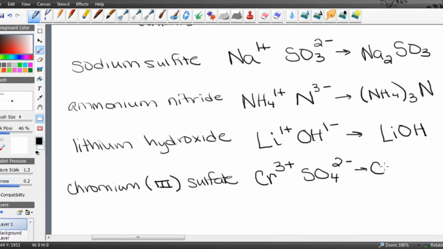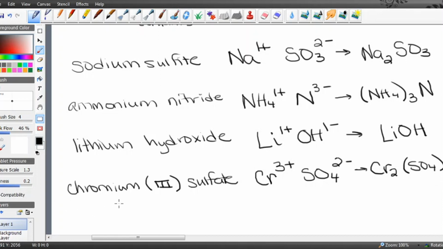To get there, I'm going to need 2 of my chromiums and 3 of my sulfates. Notice how we never mess with the subscript within the polyatomic ion itself. You're never going to change that subscript. That is like a little unit that you can't mess with, and it has a 2- charge. So to get to a 6- overall, I have to put my 3 on the outside of the parentheses.